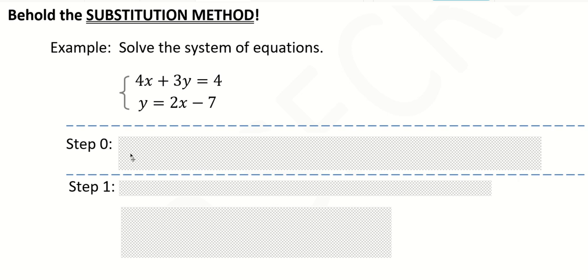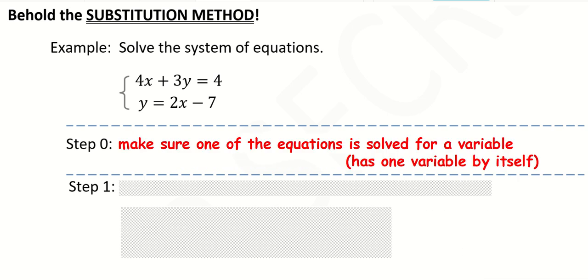So something I call step 0, which is make sure one of the equations is solved for a variable. And the good news is it really doesn't matter which variable the one equation is solved for. It could be solved for y, or you could have one of your equations solved for x. You've got to have one variable by itself in just one of your equations.